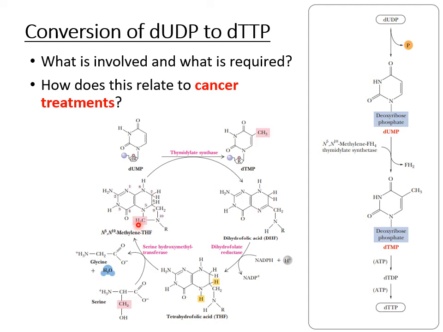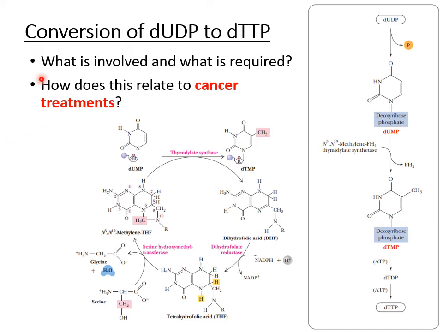And the process, you'll also notice, requires NADPH and this enzyme here, dihydrofolate reductase. But the key point that I really want to make is in relation to cancer treatment.